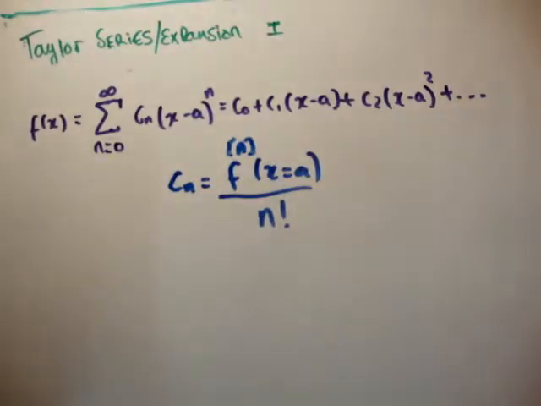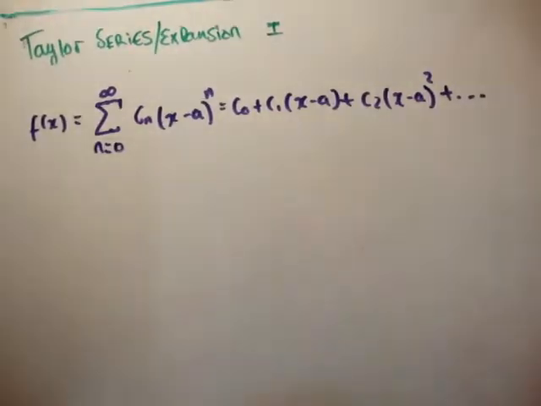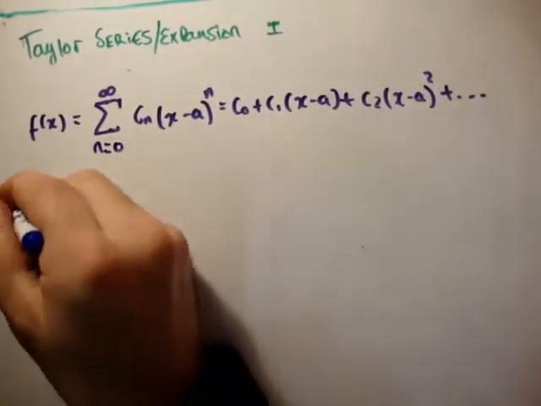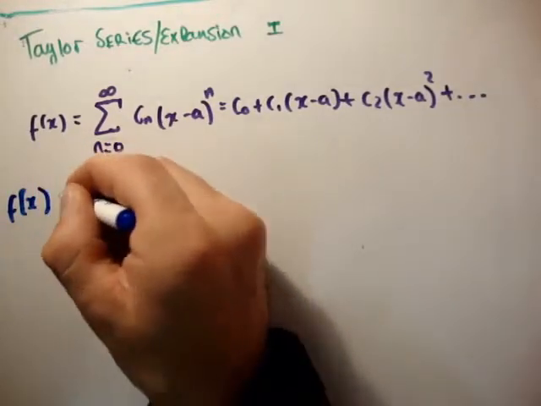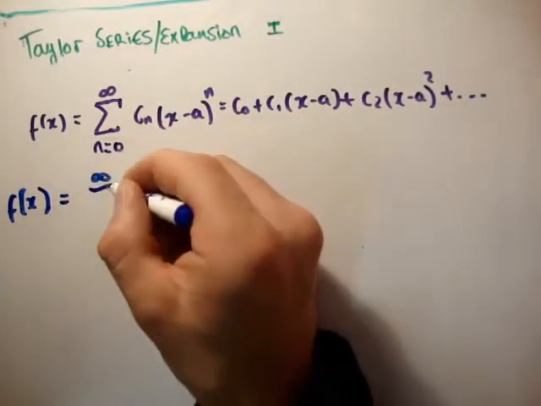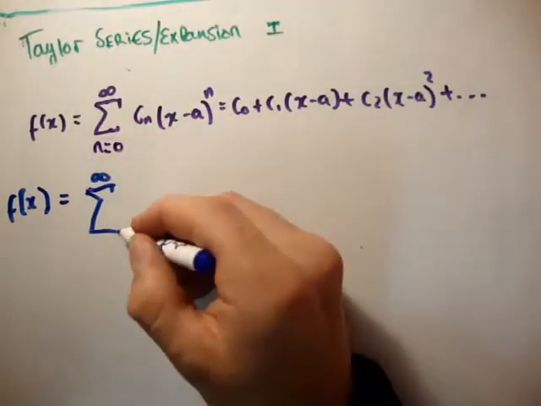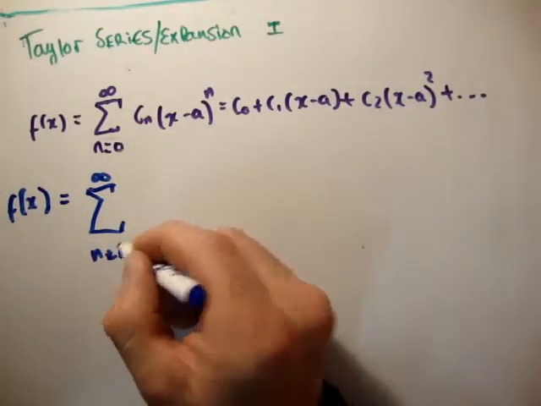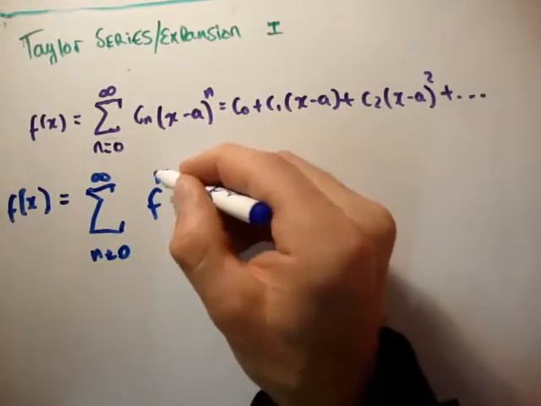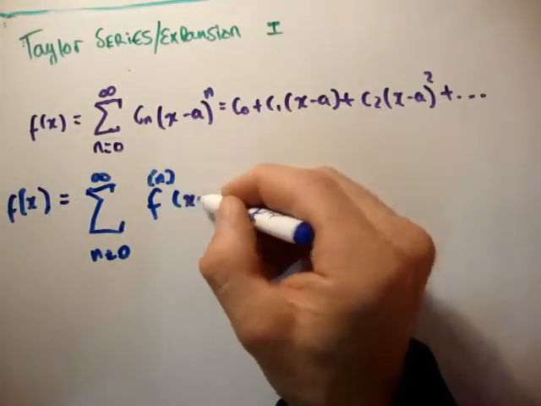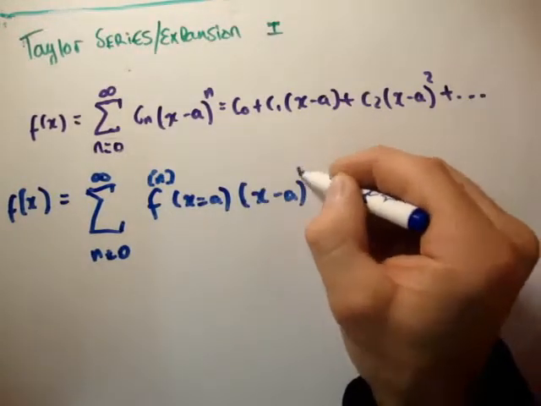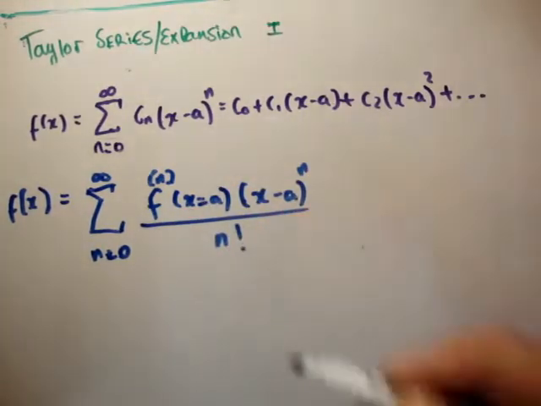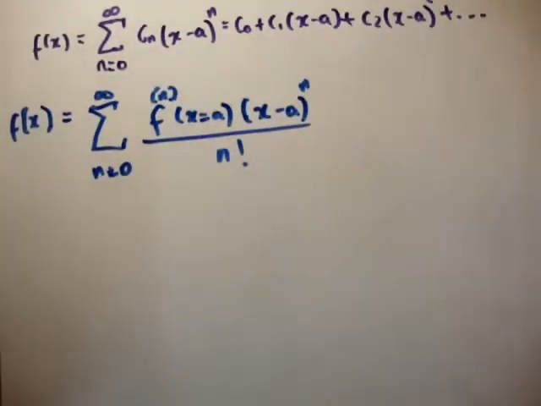Very simple. So what I'm going to do now is plug that in and rewrite the formula in terms of that. And that is our Taylor series expansion. So f of x is equal to the infinite power series of the nth derivative centered at x is equal to a multiplied by x minus a to the n divided by n factorial. So let's write out some of those terms.